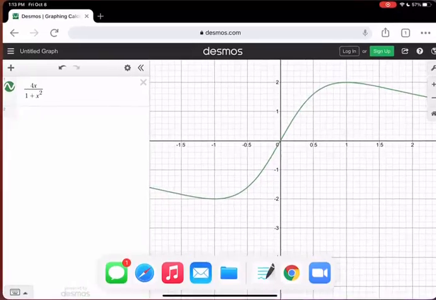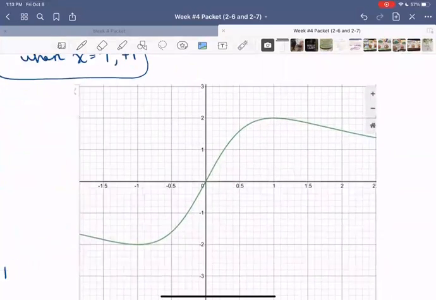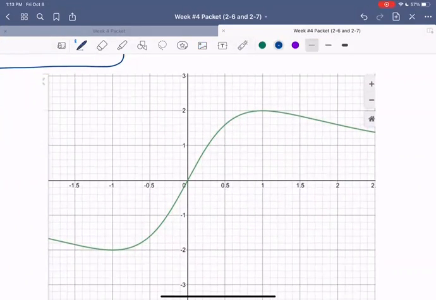And I'll just take it back to the previous notes so that I can write some notes on here. So here is our graph. And again, I just want to highlight our critical points so we can see them clearly here. And again, if we imagine the tangent lines, they would look horizontal like that.